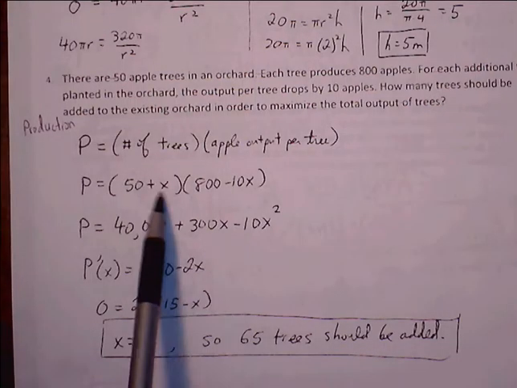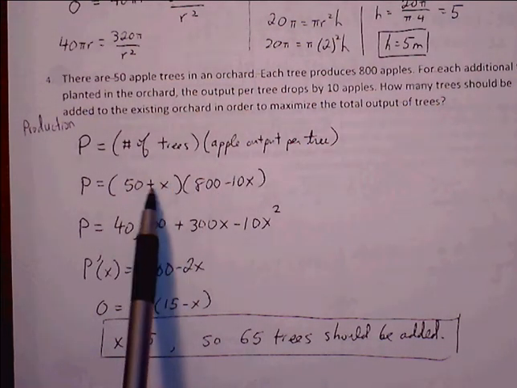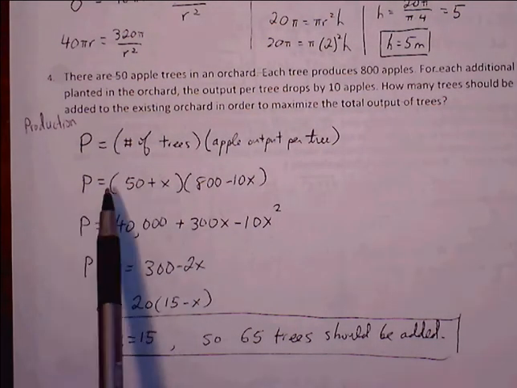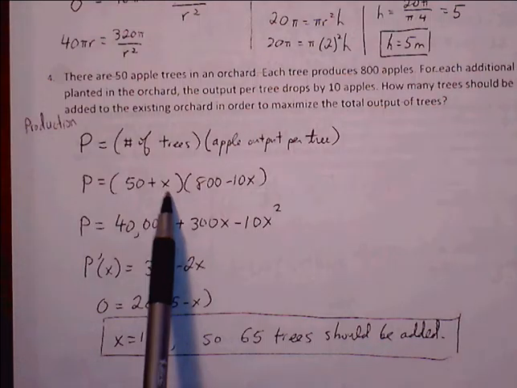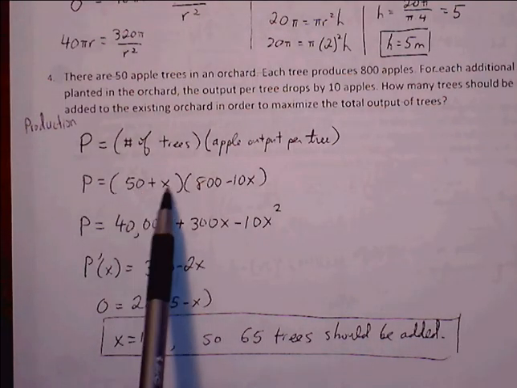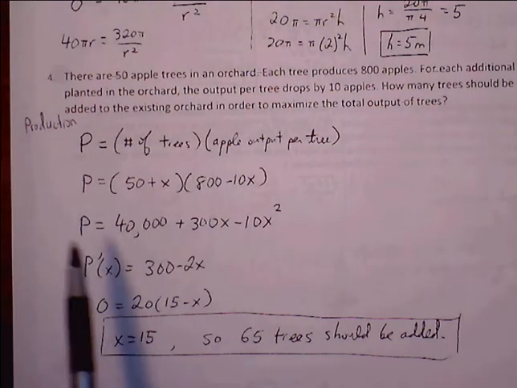So we're trying to find how many trees we can add that will optimize the total output of trees. So this is our equation. We start off with 50 trees, and we want to figure out how many we can add, but each time we add, we have to make sure that we adjust the output per tree.